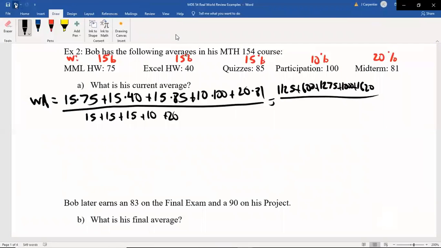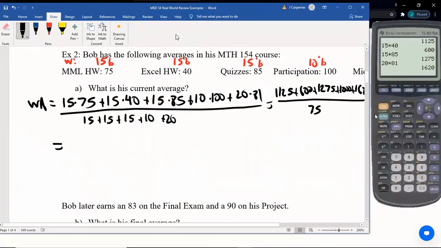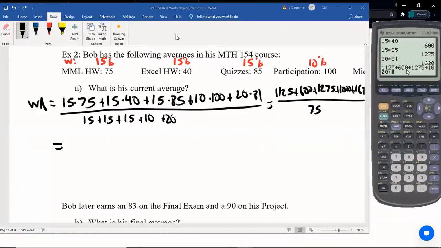And then all divided by 15 and 15 and 15 is 45, plus 10 is 55, plus 20 is 75. And then we can add the tops. 1125 plus 600 plus 1275 plus 1,000 plus 1620.